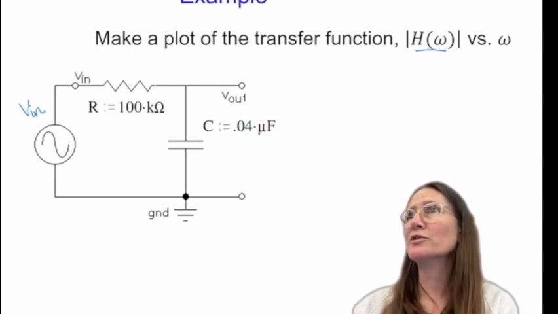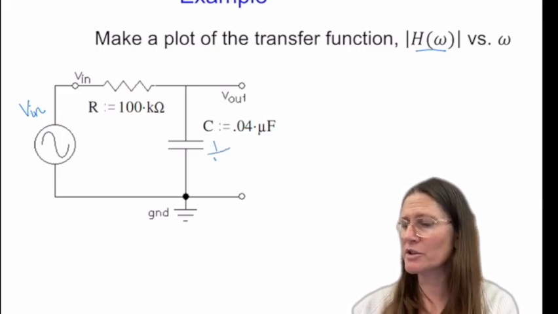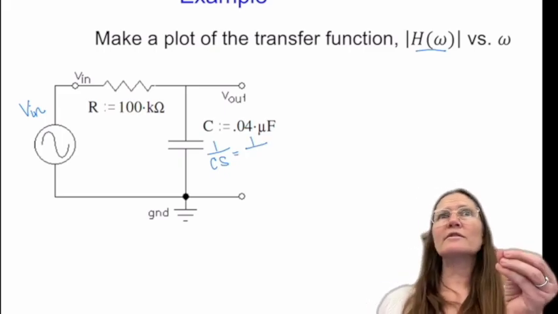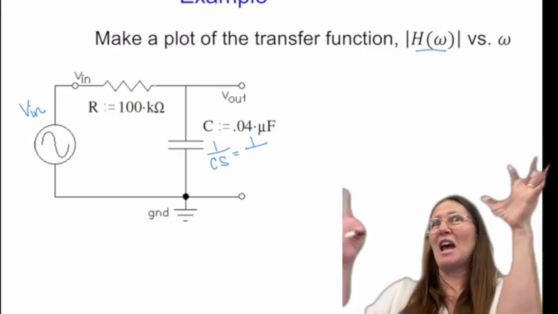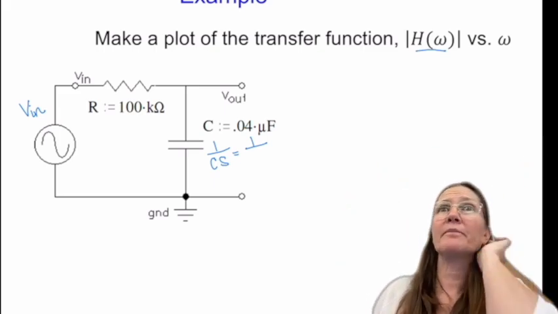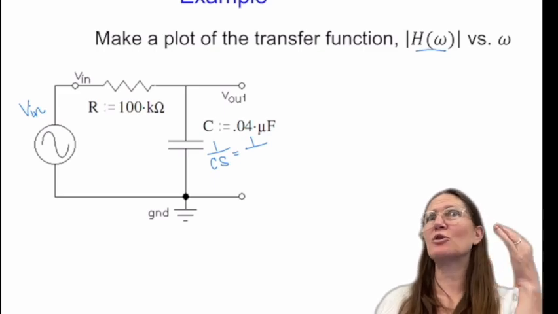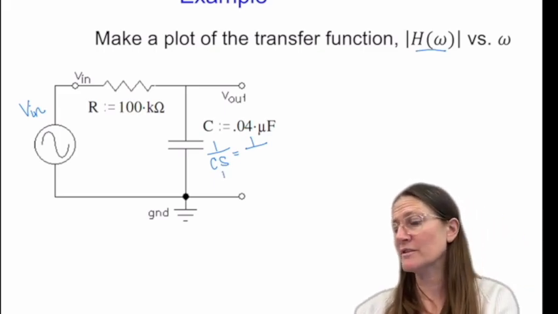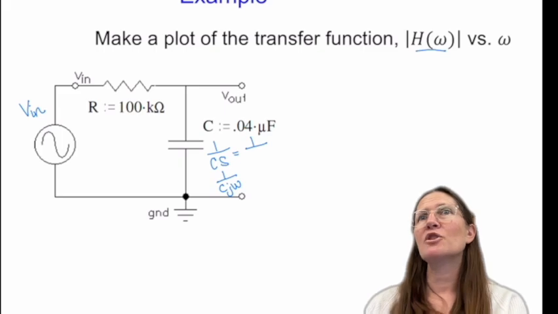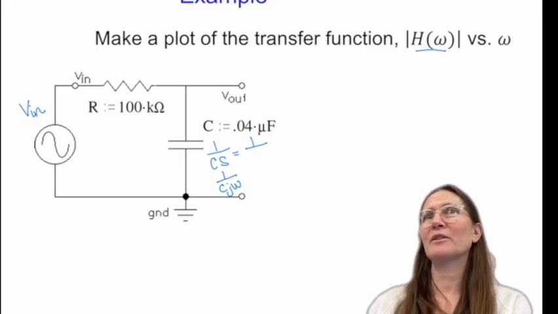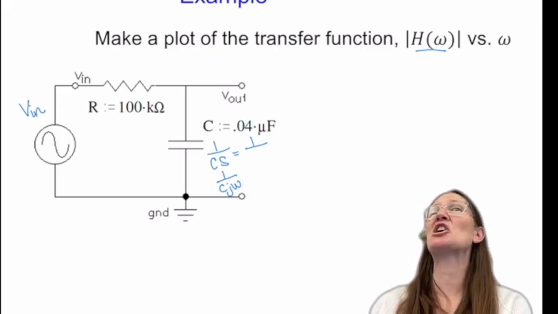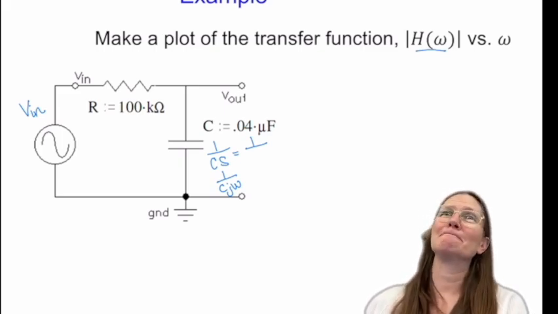What do we do with the capacitor? Correct. 1 over CS. S is this abstract frequency domain. S is easier to use than J omega, but you could do this as S is J omega. And what's J? J is an imaginary number, so it basically means that it's a complex number.